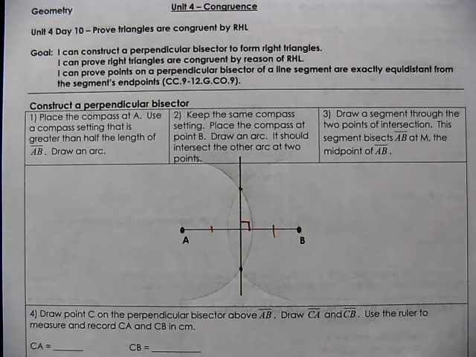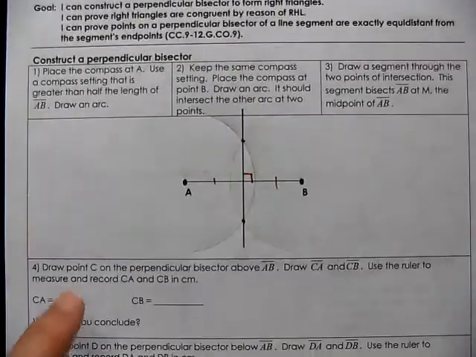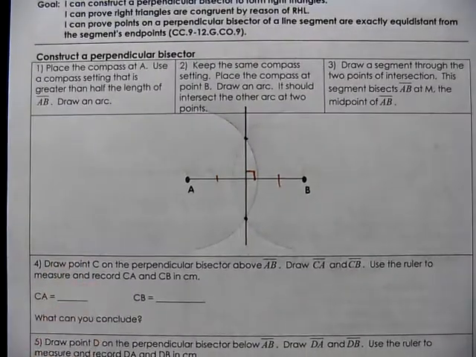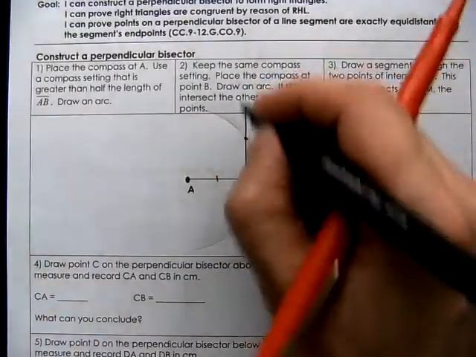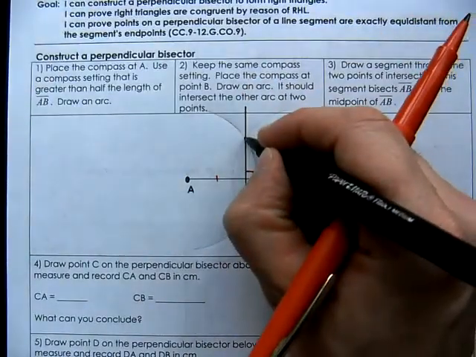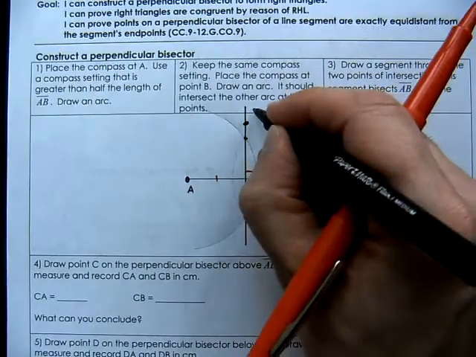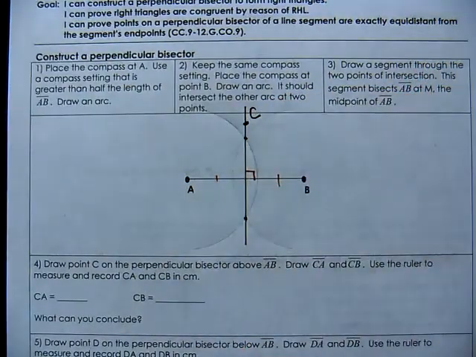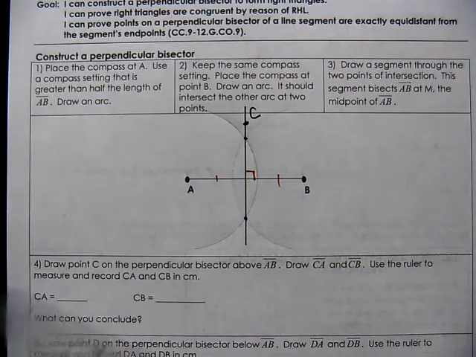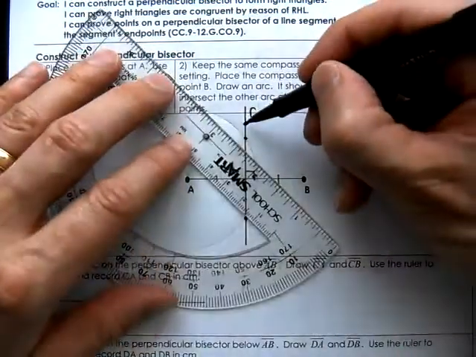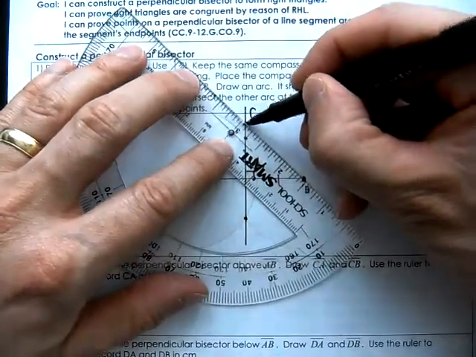What we're doing now is going a little bit further to create some triangles. Let's pretend that we place a point C, and it could be anywhere, it doesn't have to be this point of intersection. If we place a point on the perpendicular bisector, here we're calling it point C, let's now create the third side of our triangle by connecting point C back to the endpoints of the original segment.